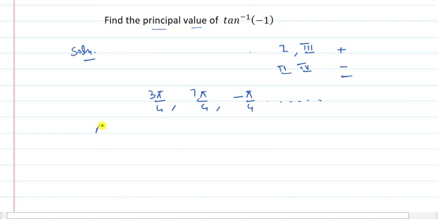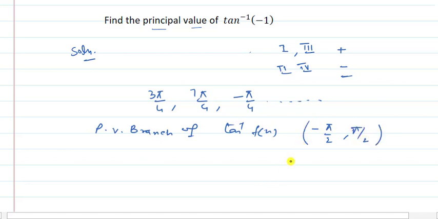Means we need to recall principal value branch of tan inverse function. And if you remember, the principal value branch of tan inverse function is minus pi upon 2 to pi upon 2 open interval. So clearly minus pi upon 4 belongs to this range.